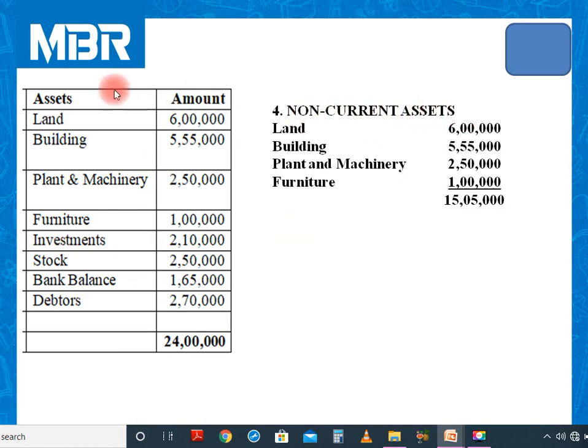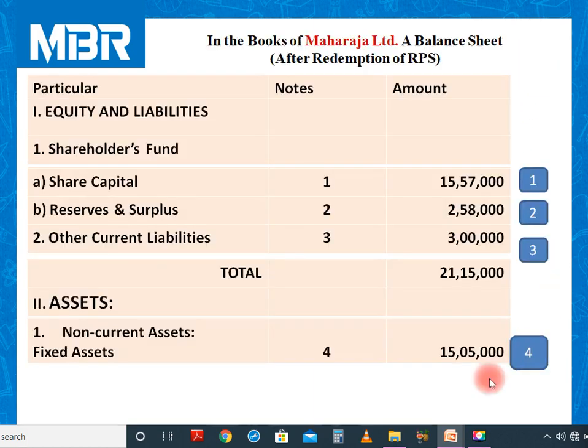Non-current assets include land 6 lakhs, building 5,55,000, plant and machinery 2,50,000, and furniture rupees 1 lakh. So total of all these fixed assets is 15 lakhs 5,000 that we have inserted over here with the note number 4.